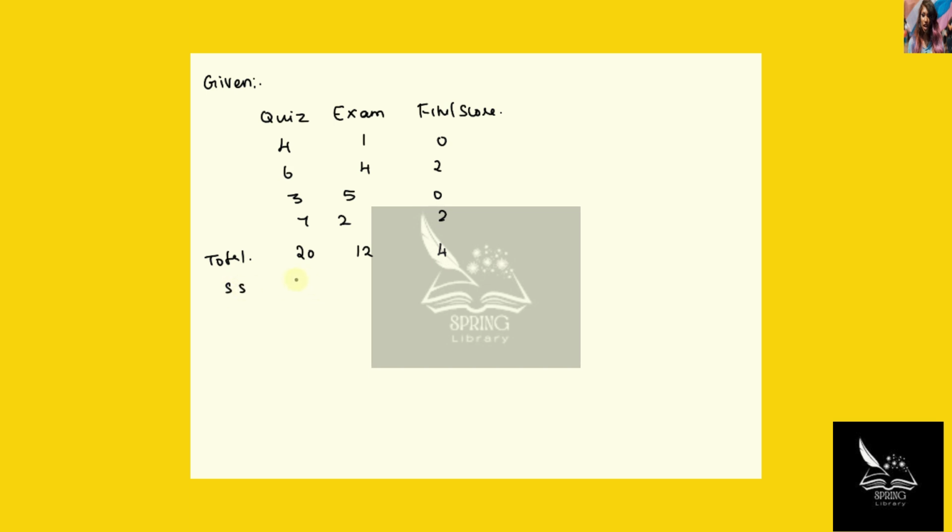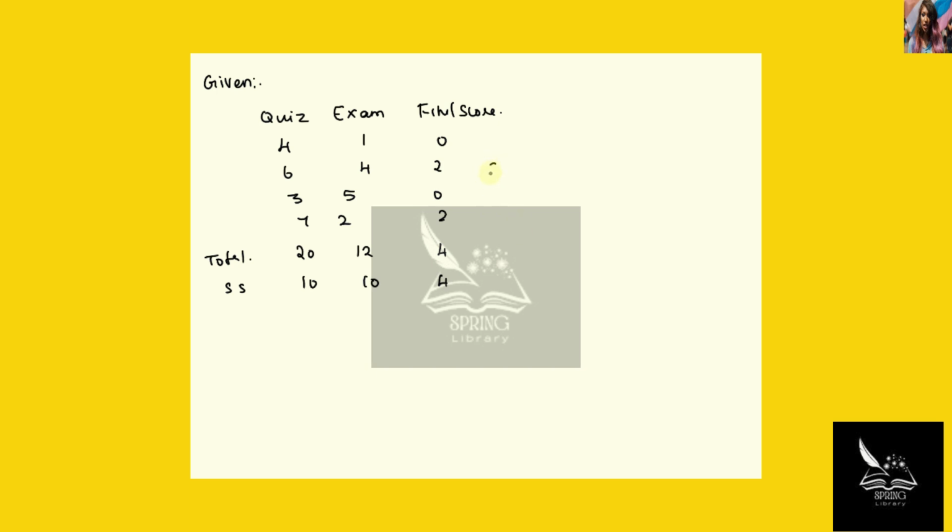Hello students, from the question they have given the data values of quiz, exam and the final score, which is 4, 10, 6, 4, 2, 3, 5, 0. Here the totals are given as 20, 12 and 4, and SS, which is 10, 10 and 4.